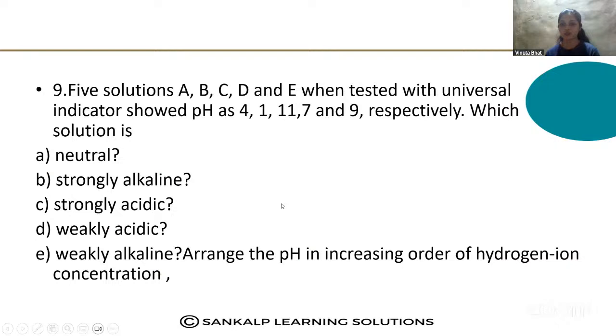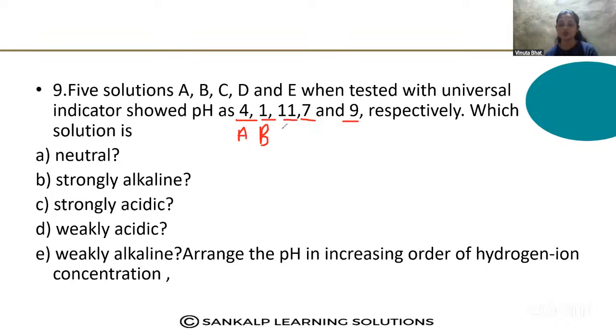Yes, next one, please note down this question. Five solutions A, B, C, D and E, when tested with the universal indicator, showed the pH as 4, 1, 11, 7 and 9. So A is showing pH 4. B solution is showing pH 1.